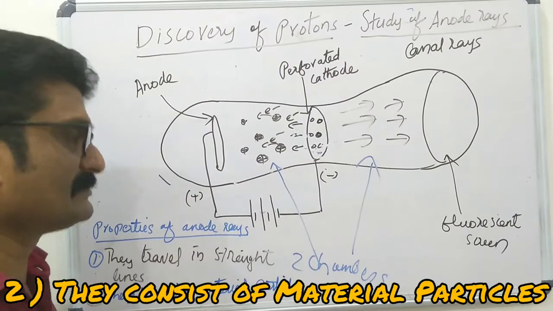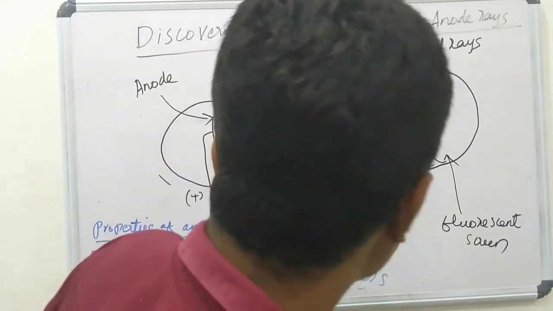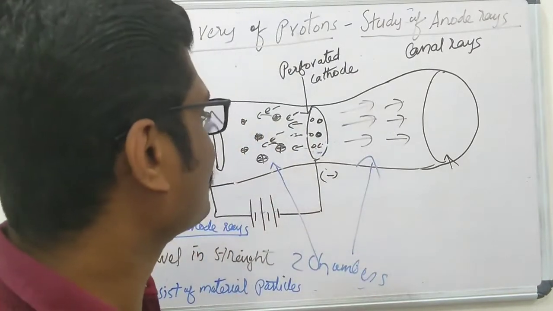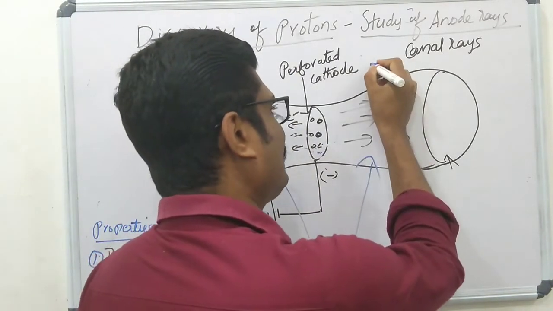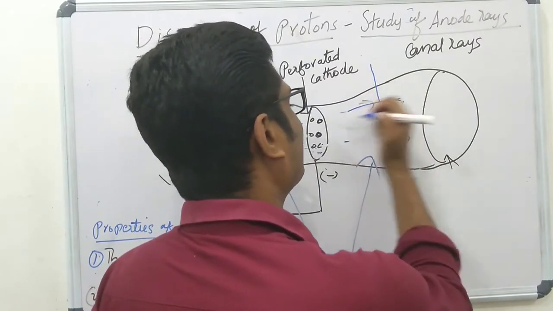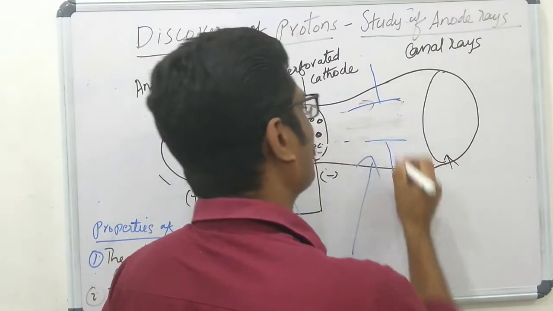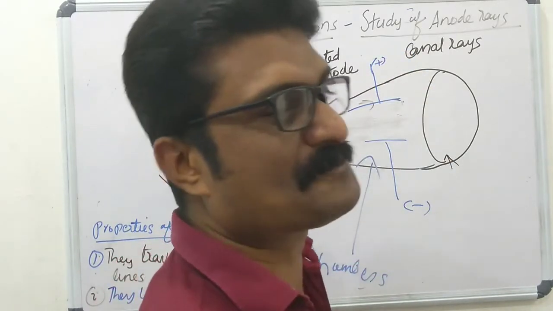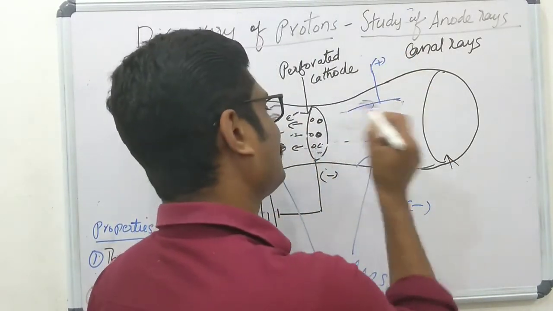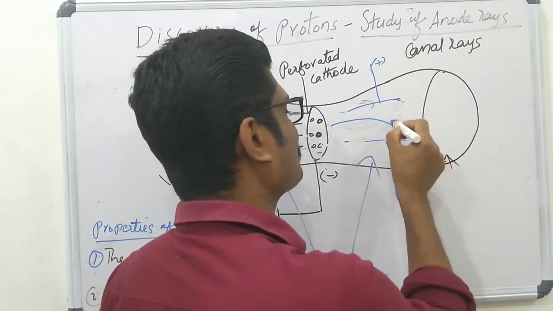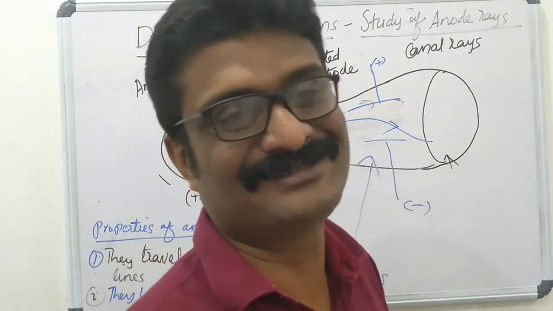The next property, please listen. When an electric field is applied, when positive field and negative field are applied, we can observe that these anode rays get deflected towards the negative field.